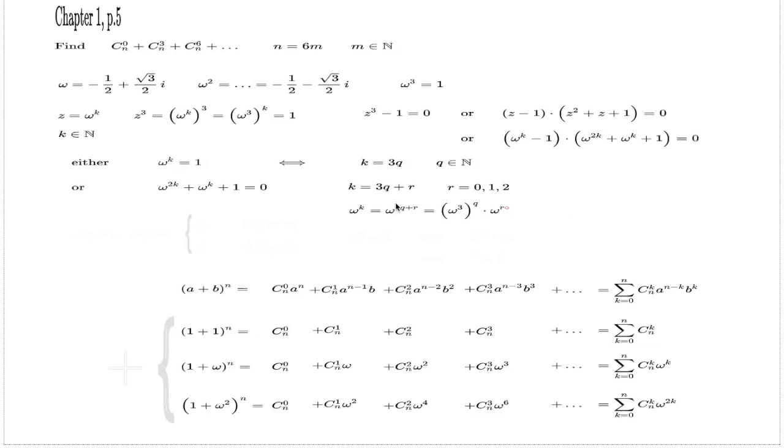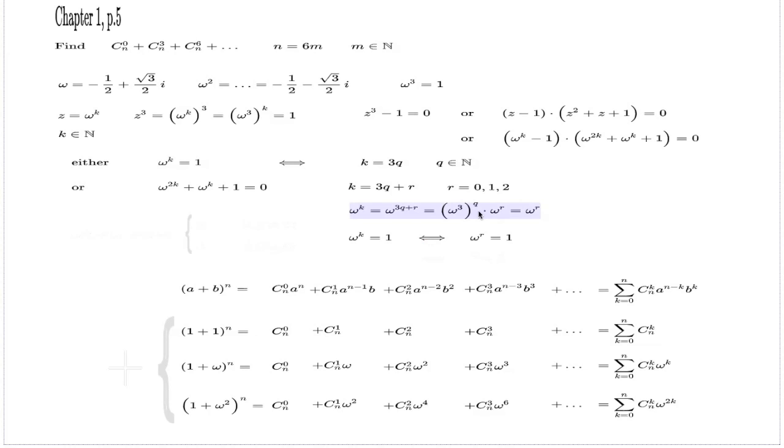So this combined degree 3q plus r got split over this factor and over this factor. And we again recall right away that omega cubed was 1, so the first bracket here is just 1, and the whole thing ends up being omega to the power r, which means that omega to the power k equal 1 is equivalent to omega to the power r equal 1.